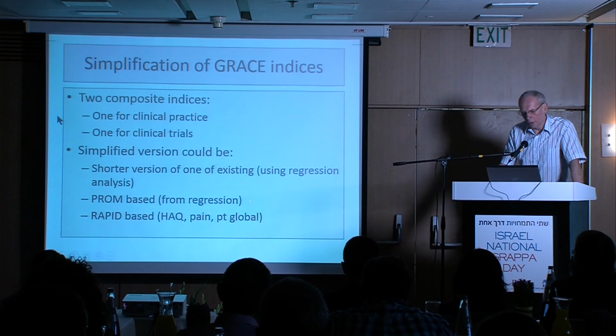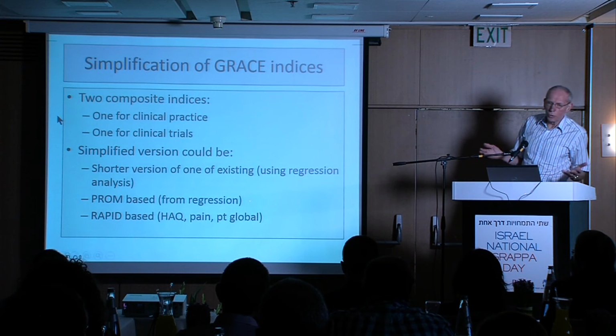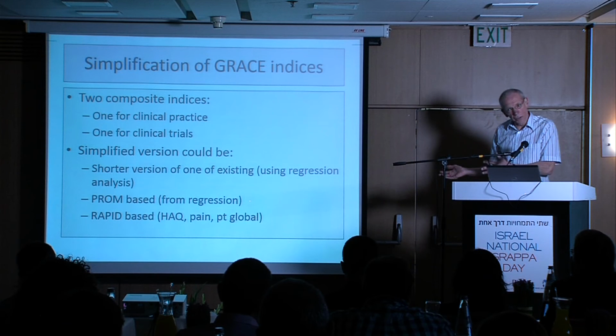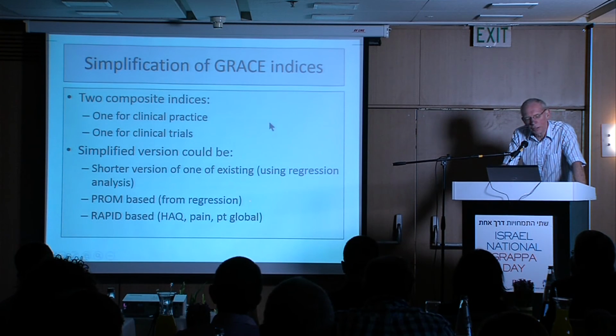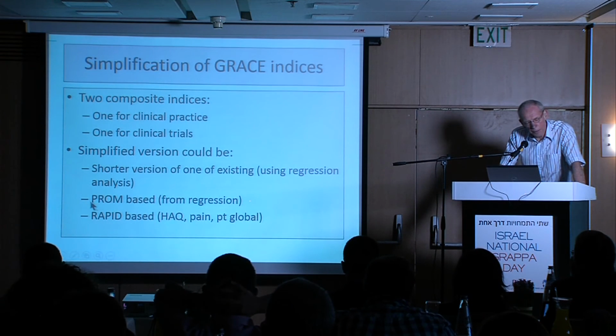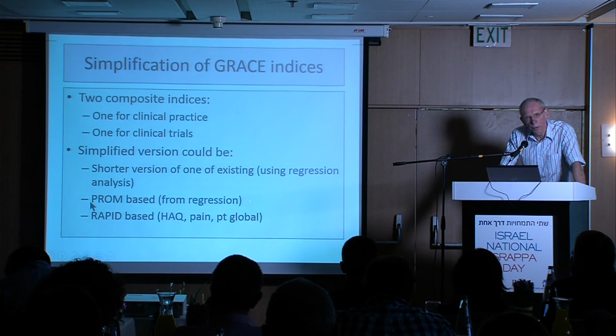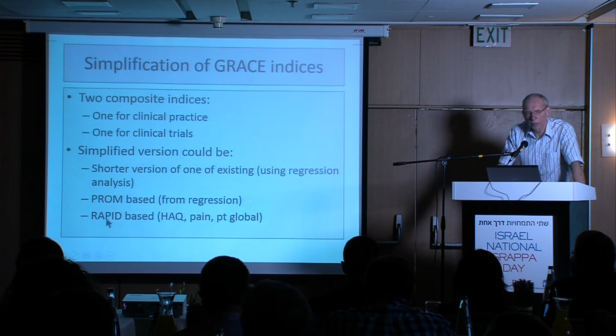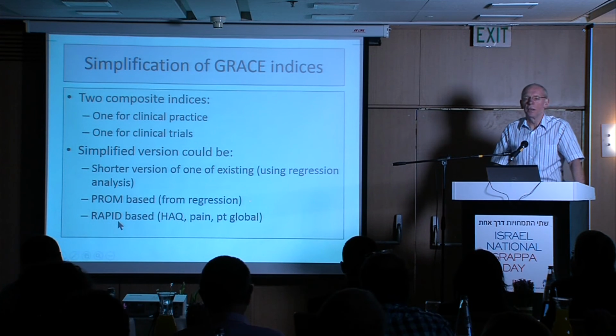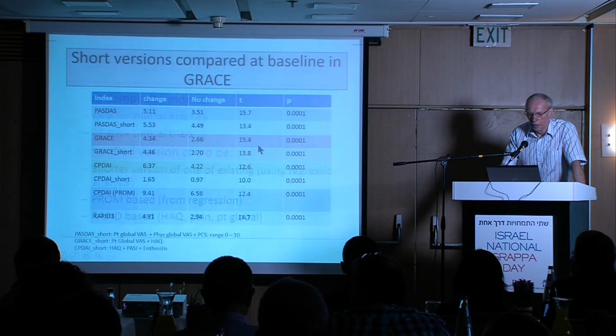And you might imagine that going forward we're going to have two composite indices, one for clinical trials and one for clinical practice. So the simplified versions for clinical practice should be a shorter version, and preferably patient-reported based, using that regression analysis. It's similar to what has happened with the RAPID score in rheumatoid arthritis.